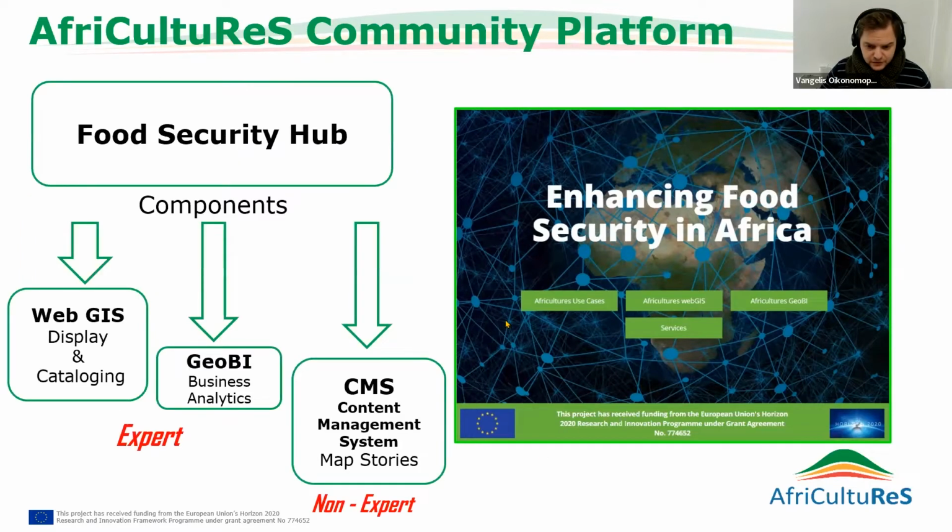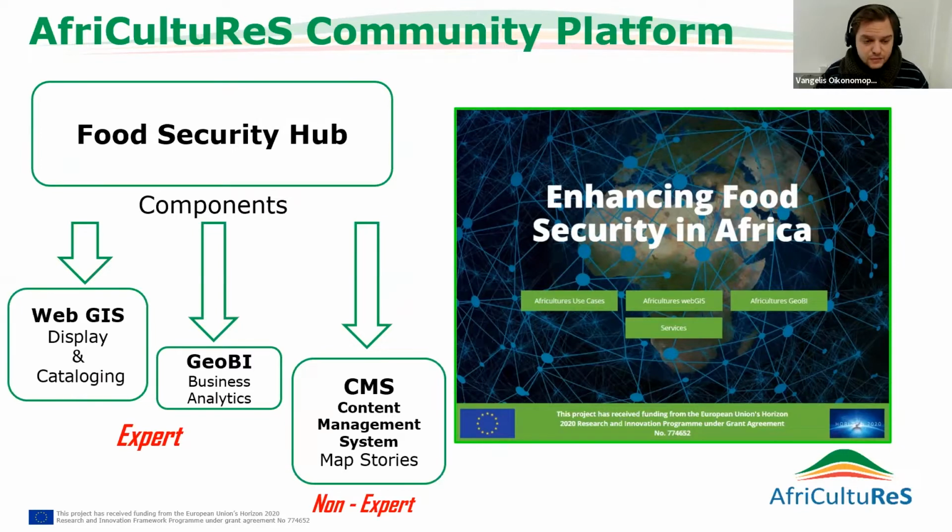There are three main components of the platform. I don't know if you can see my screen. So, starting with the landing page, I'm going to give you a short demonstration later on. Two of the components are focused on displaying and exploring the data.